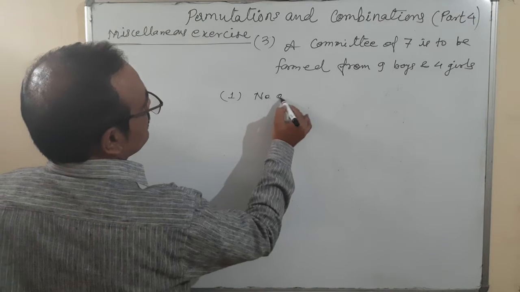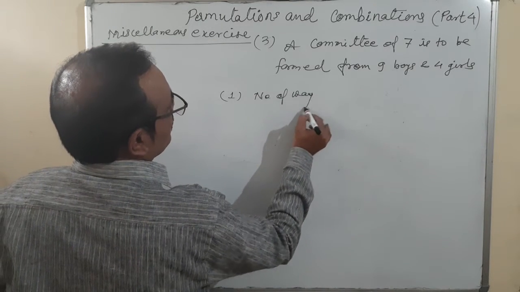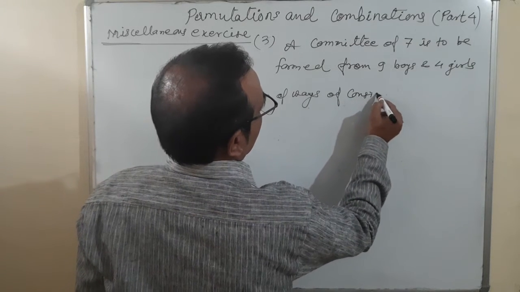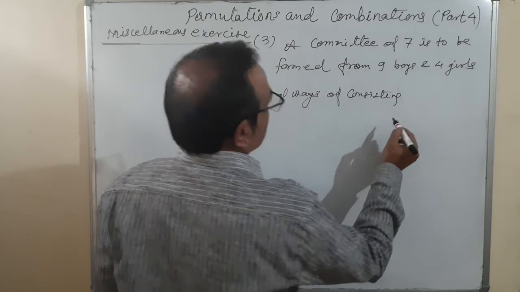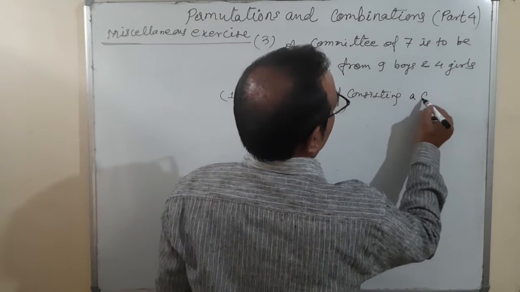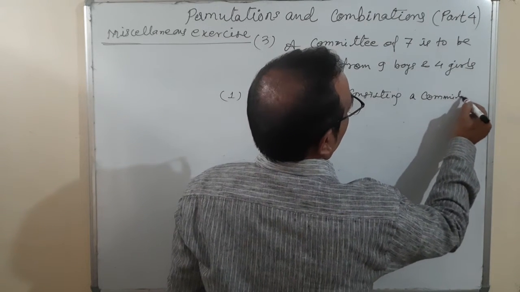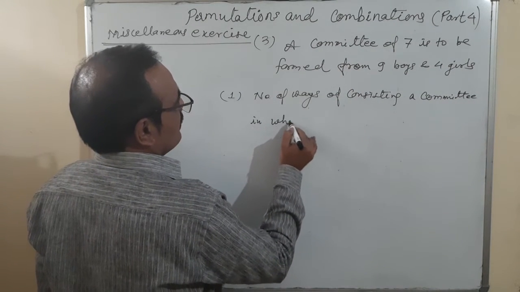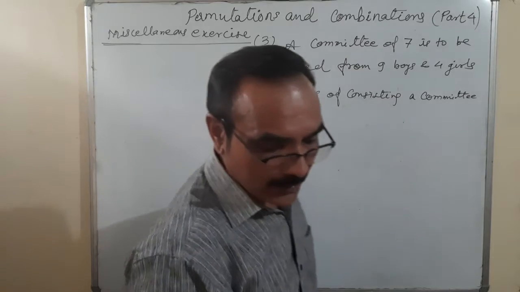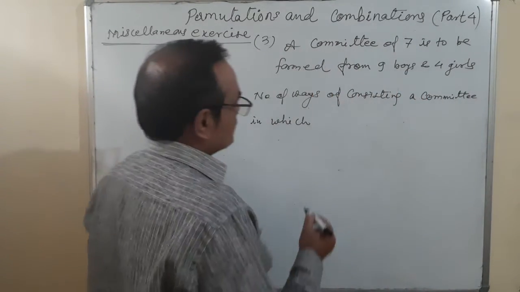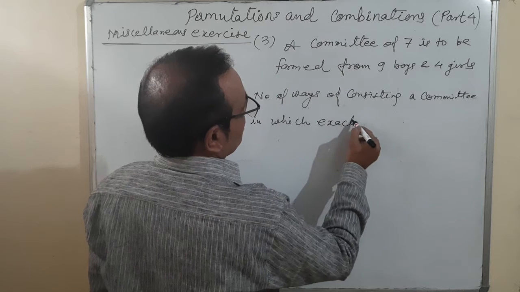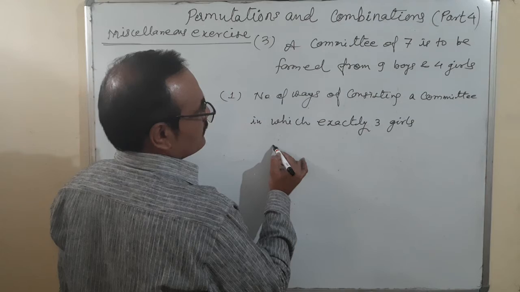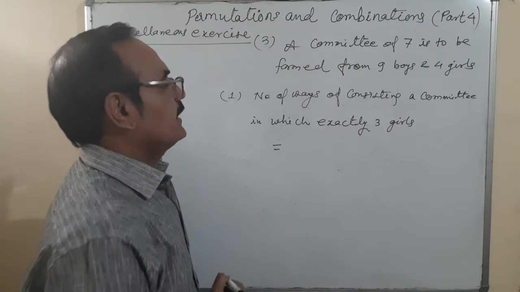The number of ways of constituting a committee in which exactly 3 girls are there.